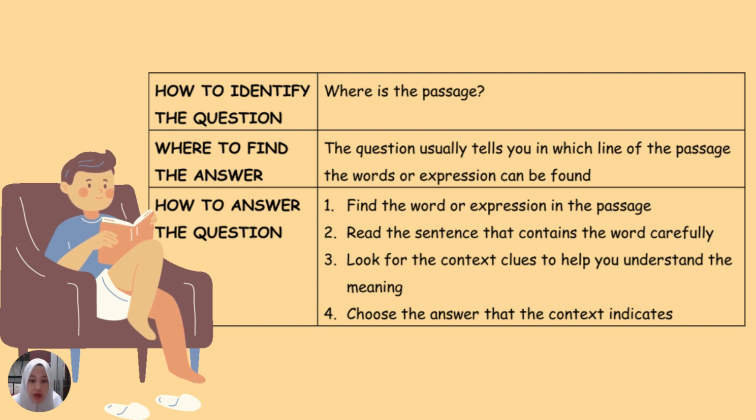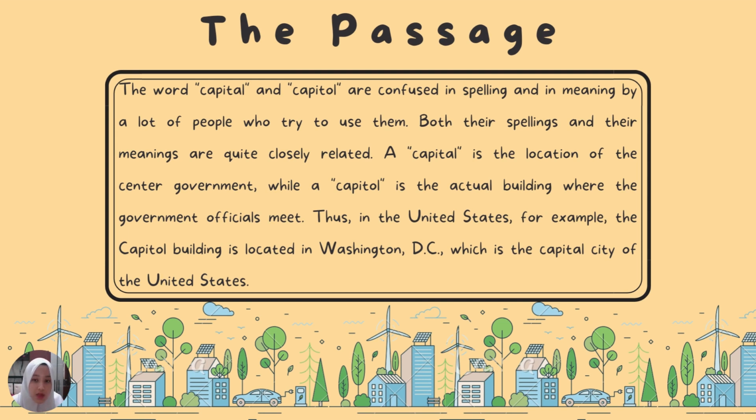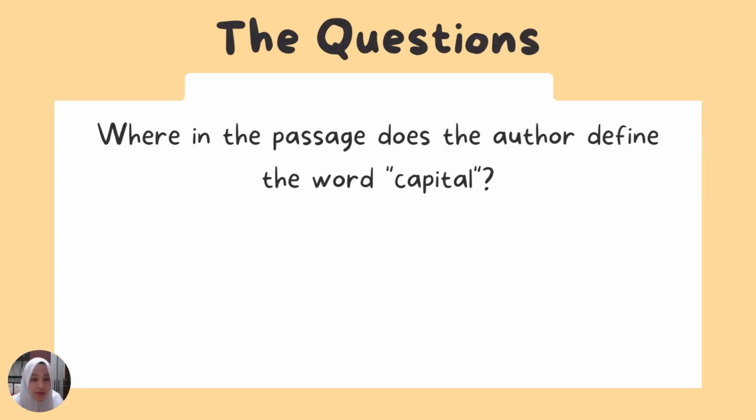After that, we match the text, then the answer will be found. So I will give you an example on the next slide. This is the passage, so you can read the text, and we will move into the question on the next slide.